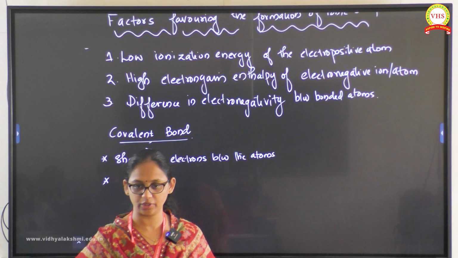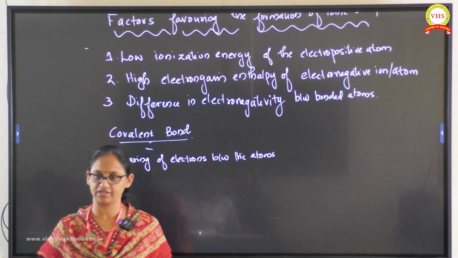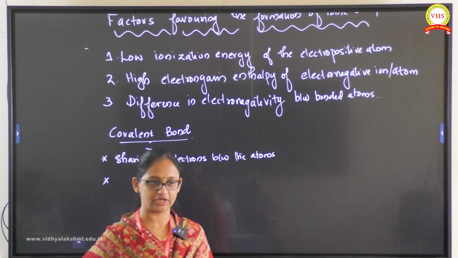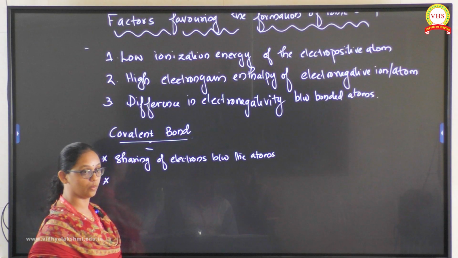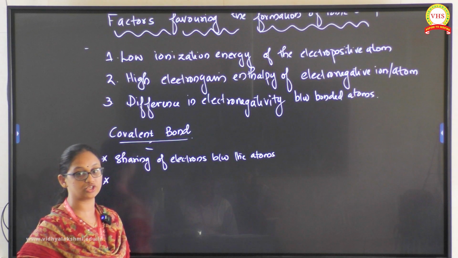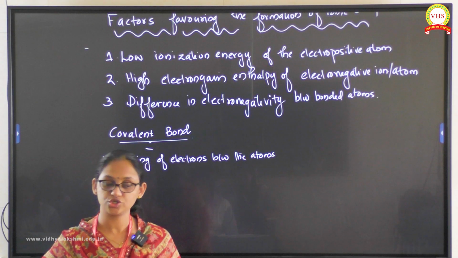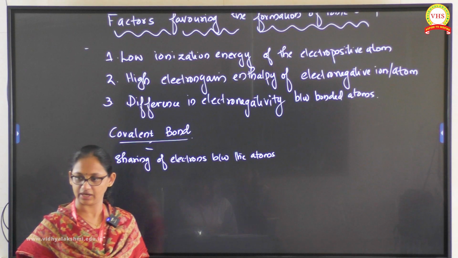Mutual means both will share their electrons. A bond formed by mutual sharing of electrons between the combined atoms is called a covalent bond. Equal numbers of electrons are shared between the atoms.